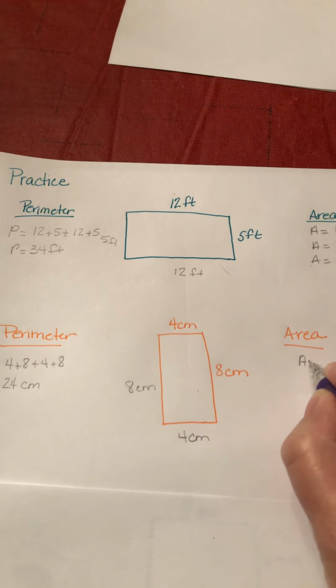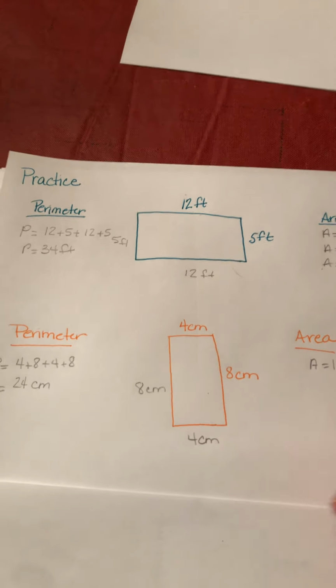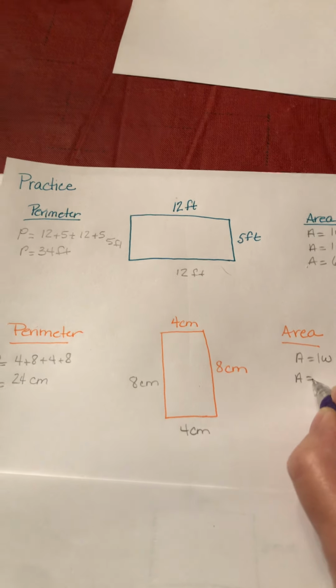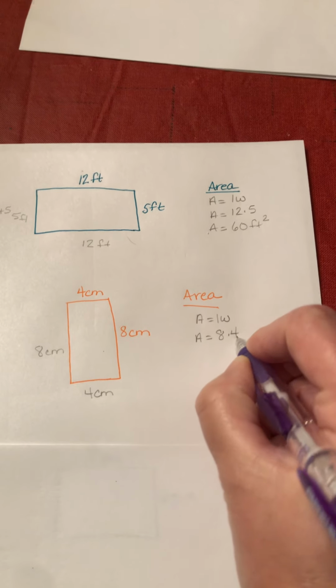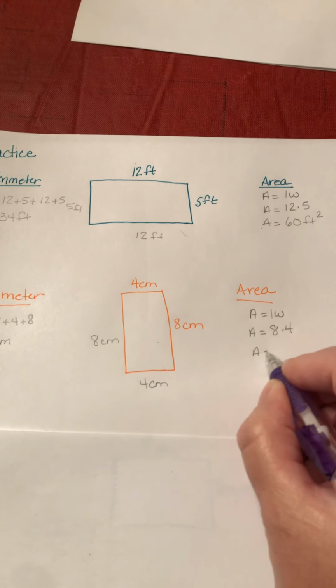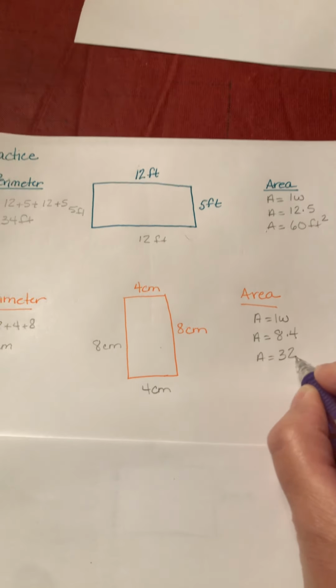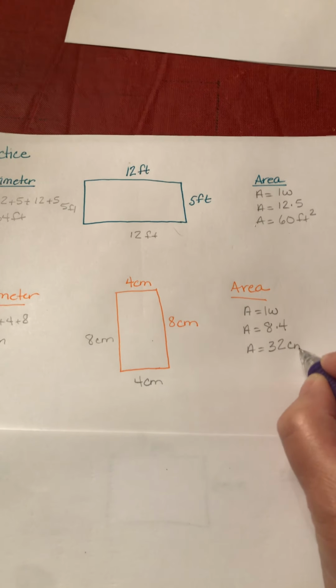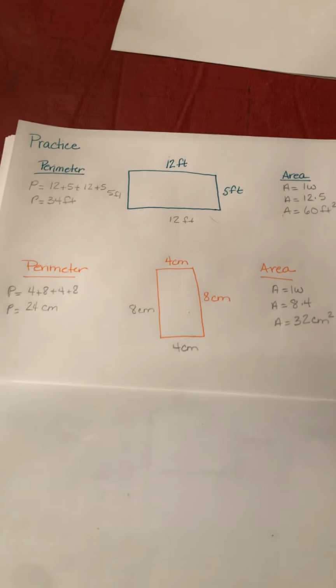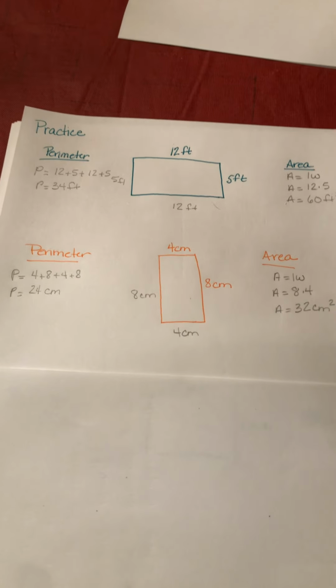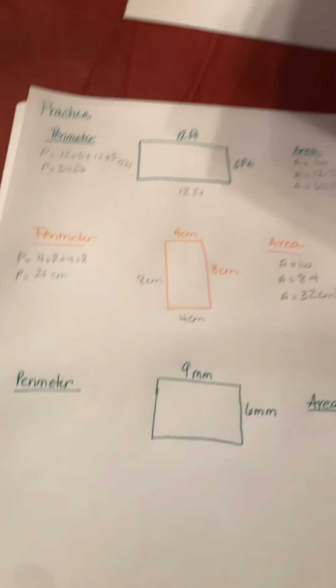Remember, area again is length times width. So A is equal to 8 times 4. The area of this rectangle is 32, and it's centimeters squared. Very good. All right, let's move on to our last example.